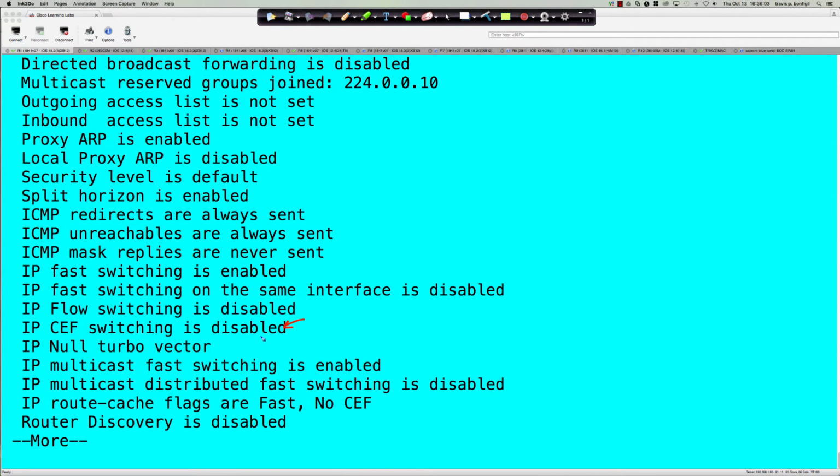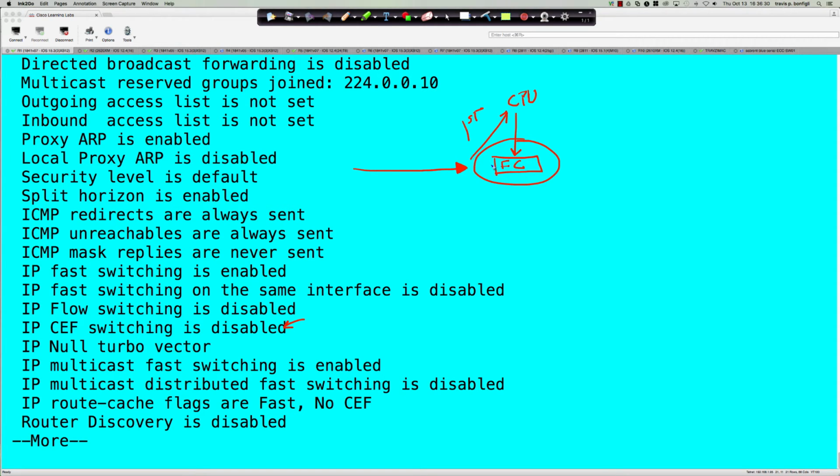So what's going to happen now is every packet that hits the router for the first time, for that source destination pair, it's going to go up to the control plane. It's going to hit the CPU, and then it's going to make an entry into the fast cache. So I'll say FC for fast cache. And that's just the first packet.